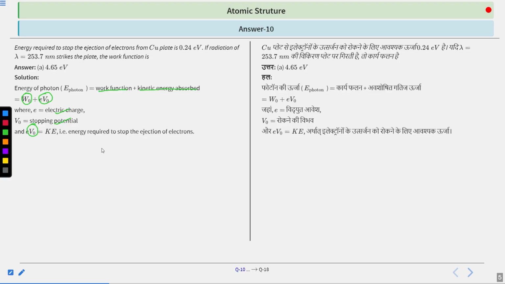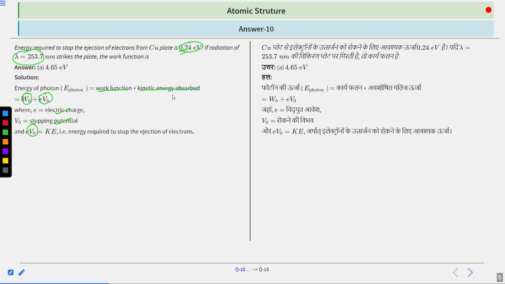Say you have radiated your metal with this lambda. Electrons are ejected from the surface and move with some kinetic energy. The energy required to stop those electrons is 0.24, which is the kinetic energy of the electron.